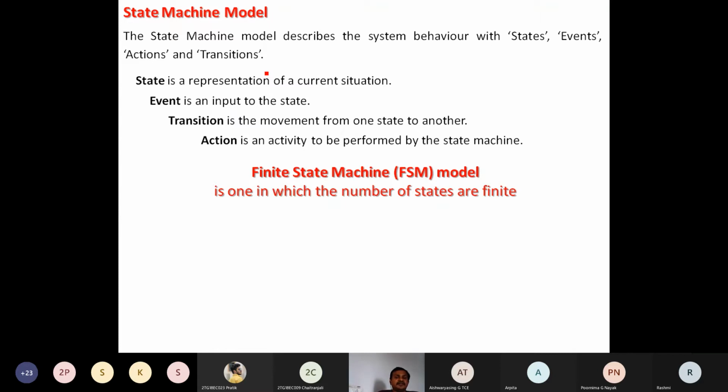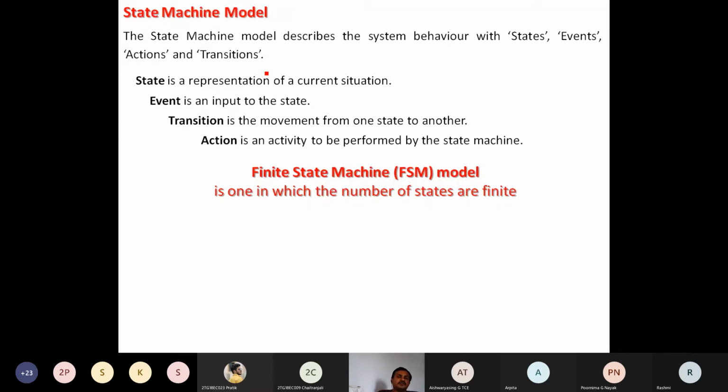If the button is pressed for a while, how many states are we going to observe in that pressing a button operation? One is button press, second is button holding, third is button released.